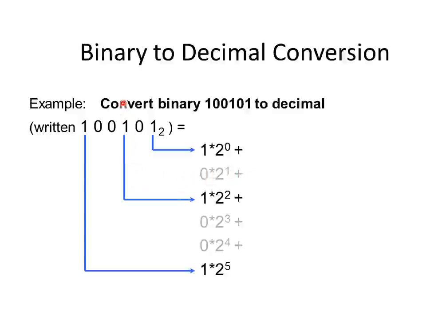Only where the digit is 1 will we consider that position. So 1 into 2 to the power 0, 1 into 2 to the power 2, 1 into 2 to the power 5. That means 1 plus 4 plus 32, that is 2 to the power 0 plus 2 to the power 2 plus 2 to the power 5. Ultimately, you get 37 in the decimal system.